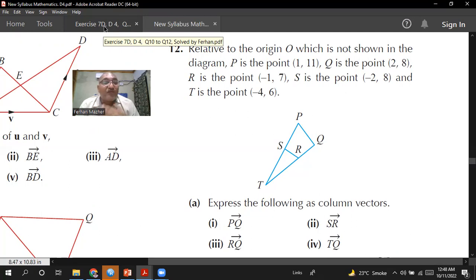You know the coordinates of the S, you can write the position vector of the S, that is OS. You know the coordinates of the T point, so you can write OT, that will be the position vector of the T point. And you know the position vector and the coordinates, they are the same thing. Only difference is that in the position vector, you write them in the form of a column vector. So we can find easily PQ.